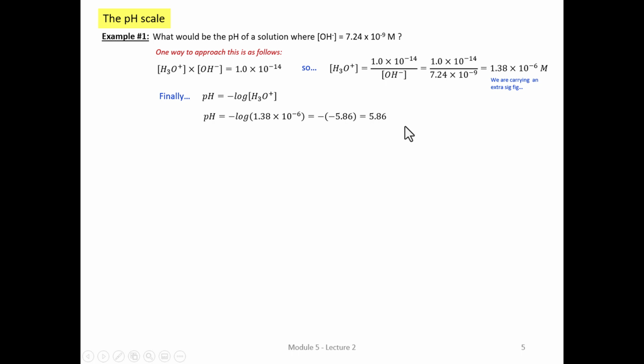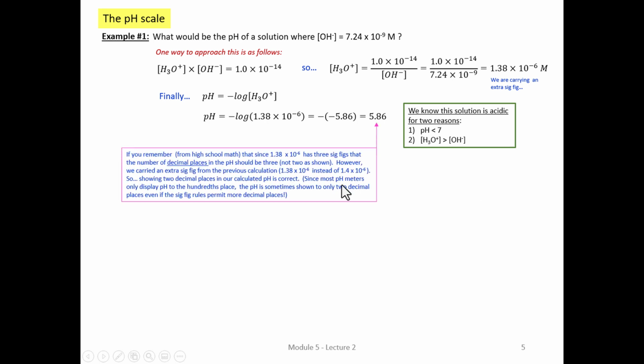So we know this solution is acidic for two reasons. One, of course, is because the pH came out less than 7, but also because we calculated right at first that the hydronium ion concentration was greater than the hydroxide ion concentration. Now, a word about significant figures here.